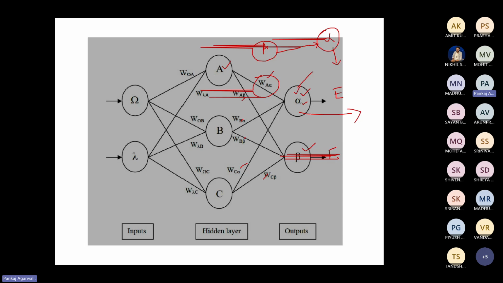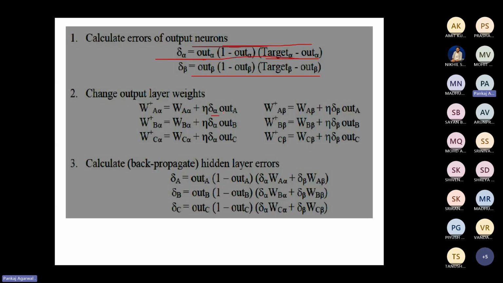Both the terms would have their own representation. So the error at alpha, because here I did not calculate the error till now, so obviously the output portion of A would get placed, and the learning rate. Did anyone get this now? So this is how it is, all symmetric, and all the weights would get updated.